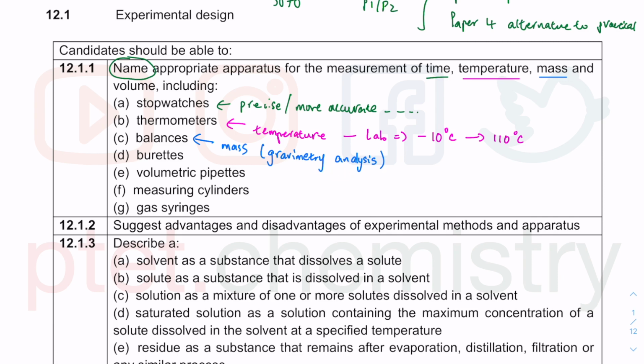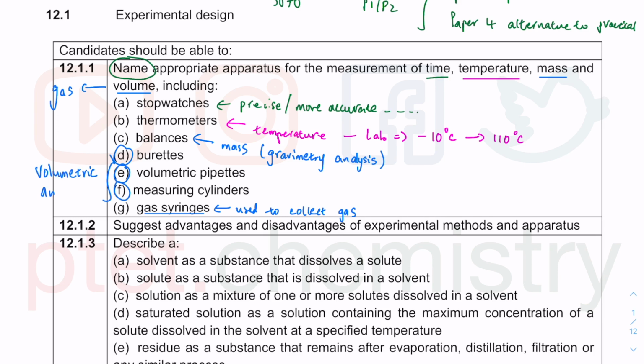As for the rest of these, we're also going to be collecting volume. This volume can refer to the volume of gas. By then we are talking about gas syringes, which are used to collect gas. Whereas the burette, volumetric pipette, and measuring cylinder, so D, E, and F, are what we call volumetric analysis.